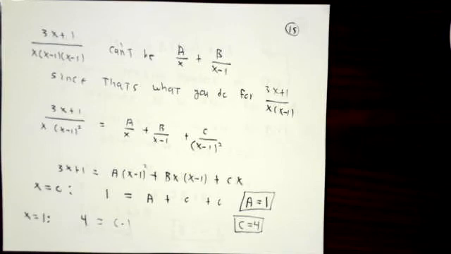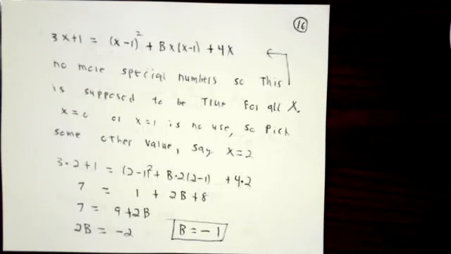This has been the good news. And then there's the bad news. I have no more special numbers to put into that formula that make terms go away. At first glance, it seems like we're kind of stuck, but there's a way out of this. This formula is supposed to be true for all x's.